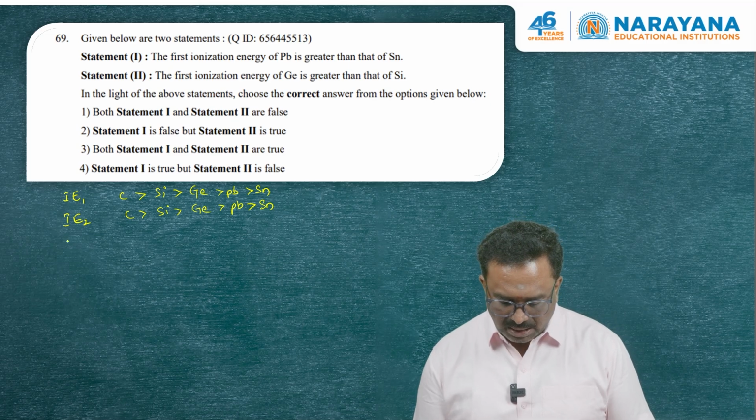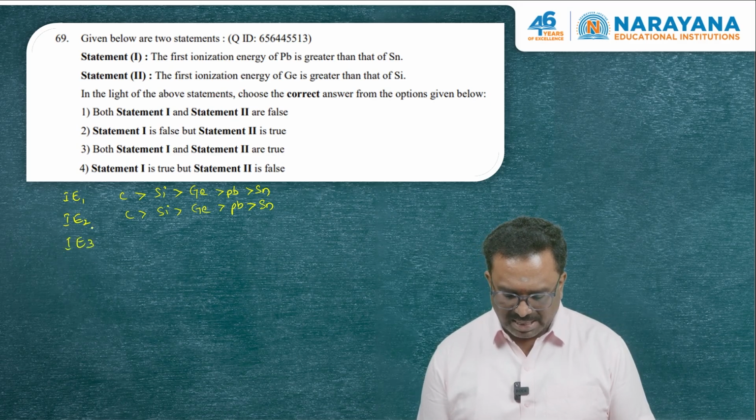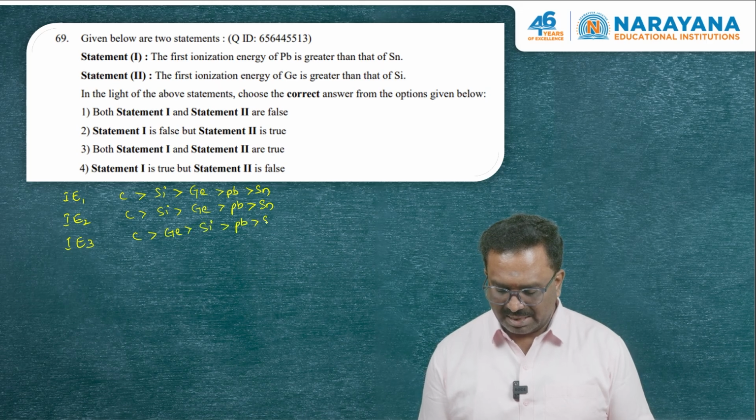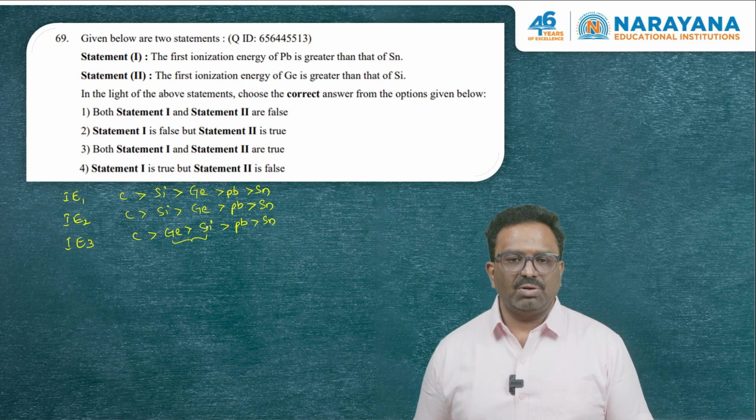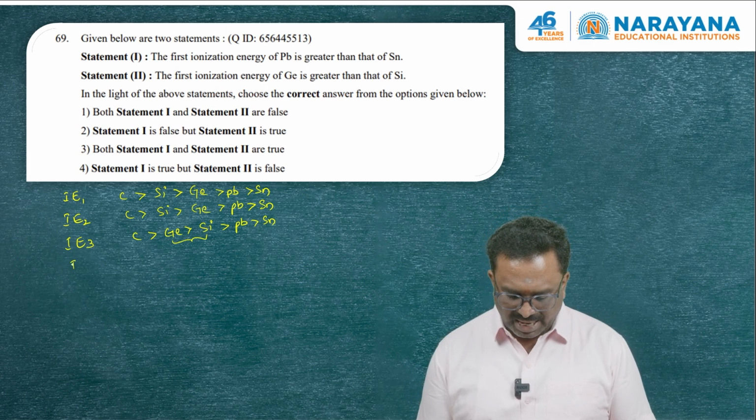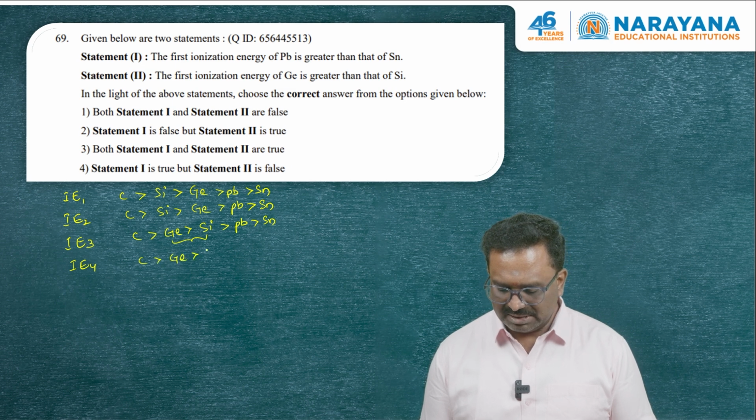Not only that, in IE3 the order of ionization enthalpies has a slight variation, you can identify in this case also. And fourth ionization enthalpy, carbon, germanium, silicon, and again lead and tin.